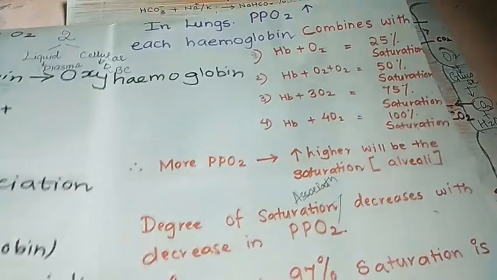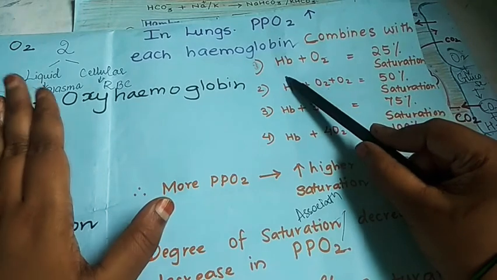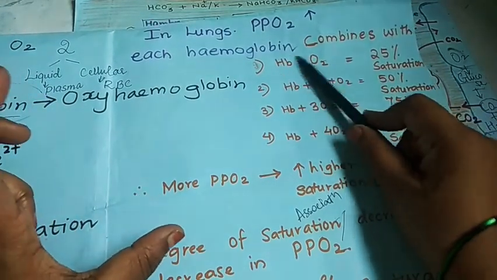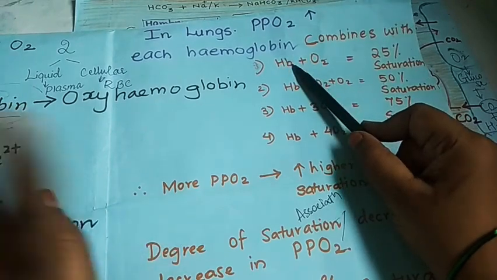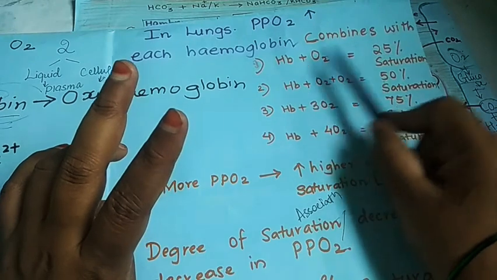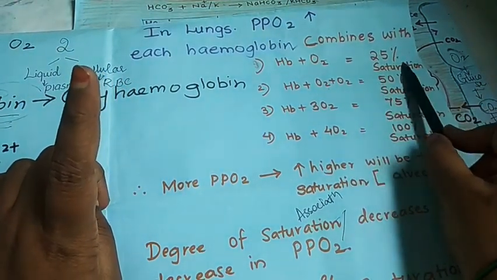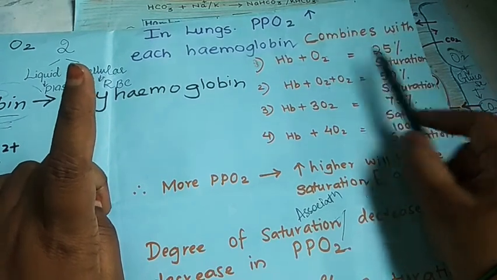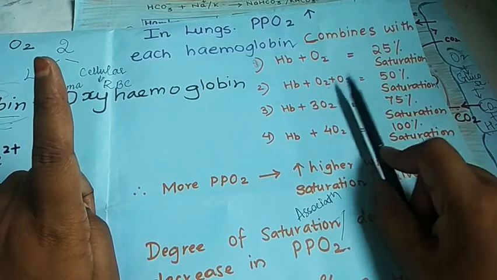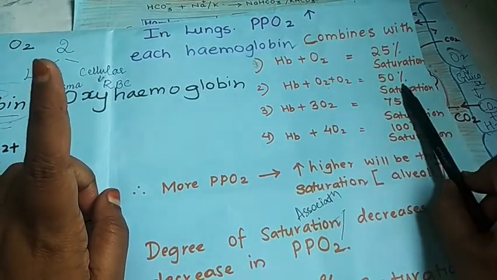Suppose one hemoglobin in the lungs attaches with one oxygen. That hemoglobin molecule has 4 valencies, so 4 places are available for oxygen and it is taking only 1. So we can say it is 25% saturated hemoglobin. If hemoglobin attaches with 2 oxygen molecules, this hemoglobin molecule is 50% saturated.